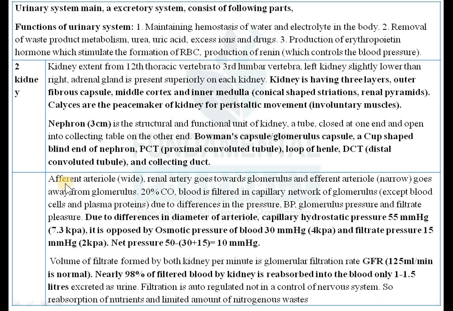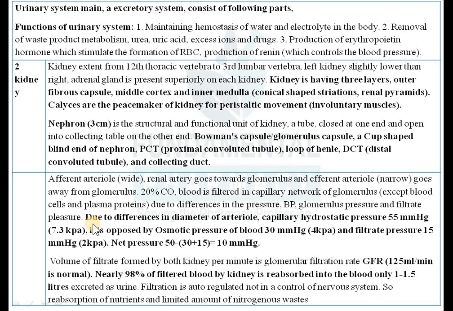Now what happens? I have told you the afferent arteriole is nothing but a small artery that carries blood to the glomerulus. The afferent arteriole has a wide diameter; it is the artery that goes towards the glomerulus and is large in size.